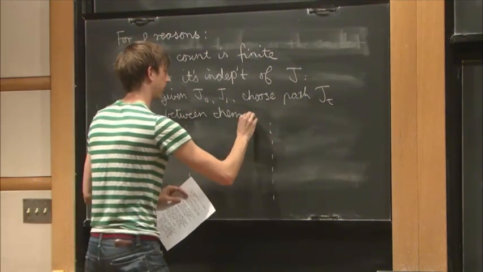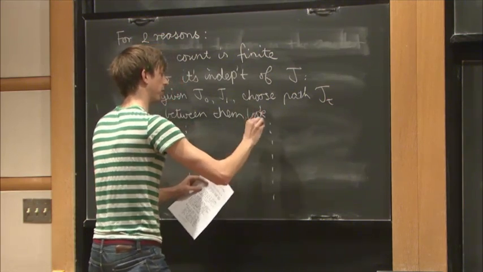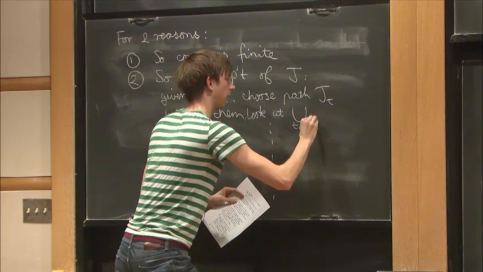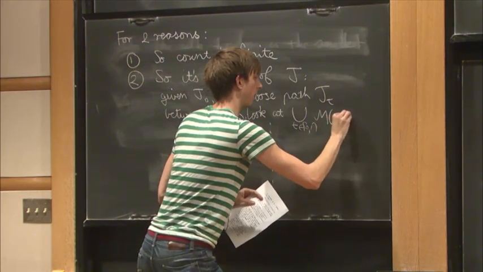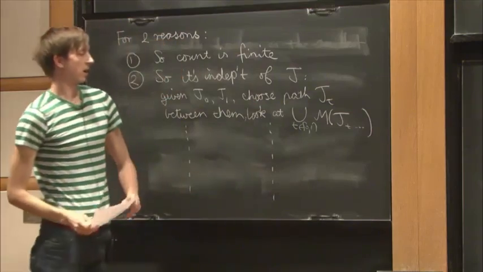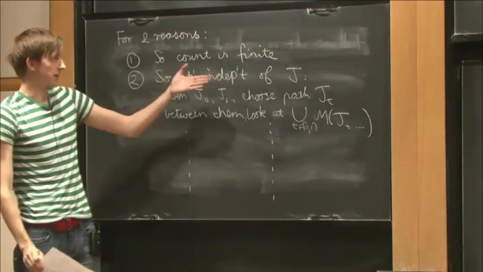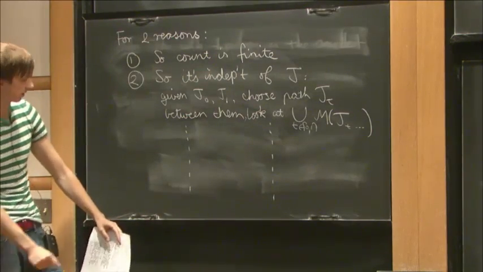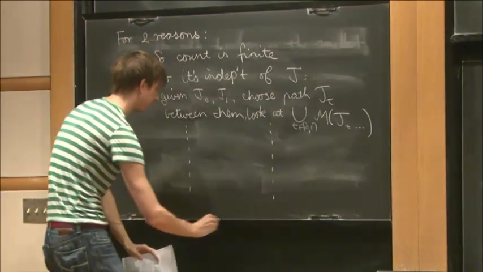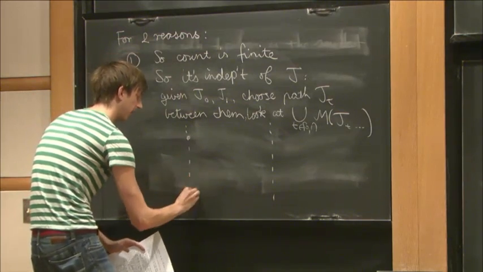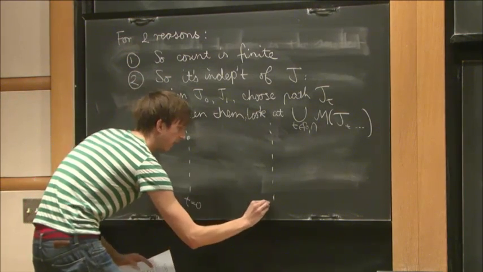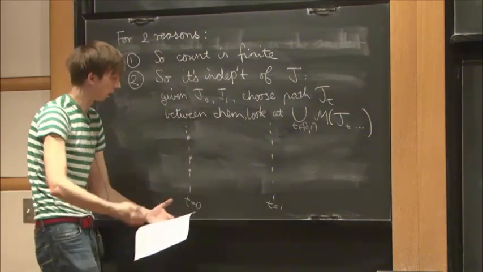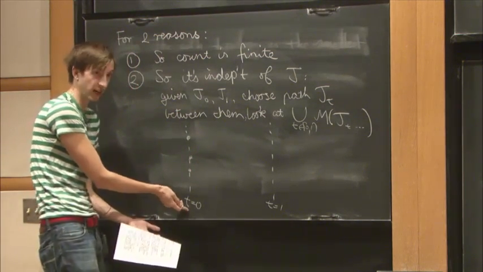So if we have two different almost complex structures, then to compare this count of points in two moduli spaces for different almost complex structures, we can look at a one-parameter family, and this might look something like this. So over here, with J0, we have a bunch of J-holomorphic curves with respect to J0.